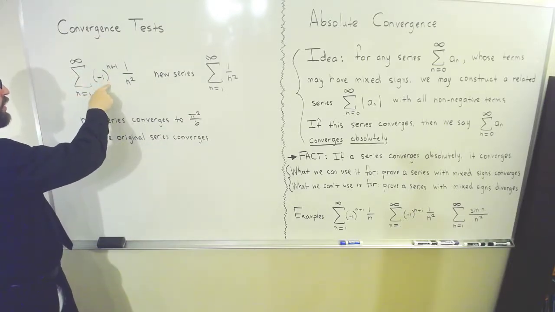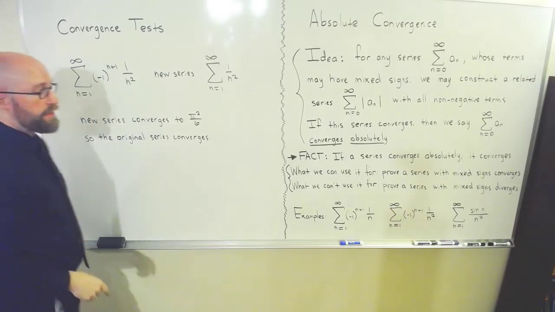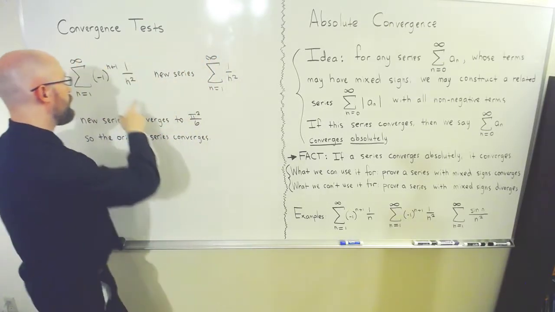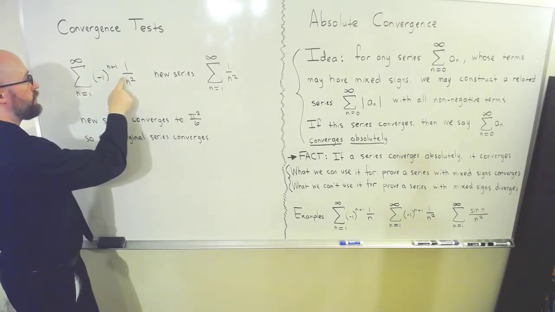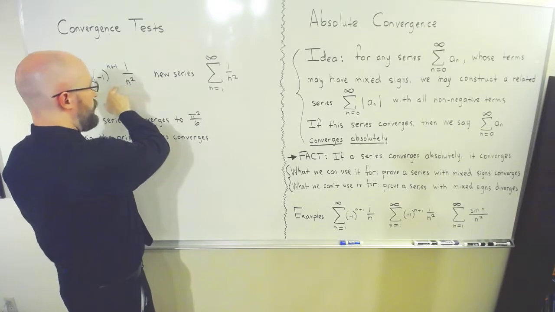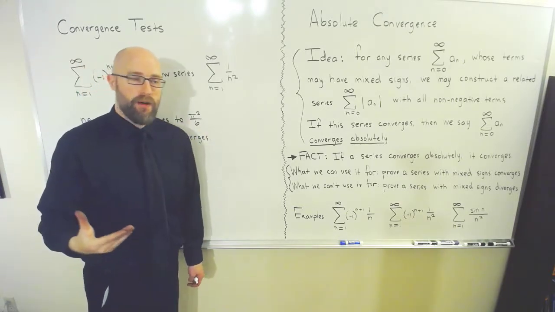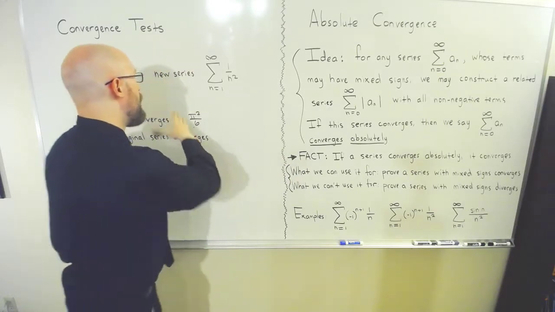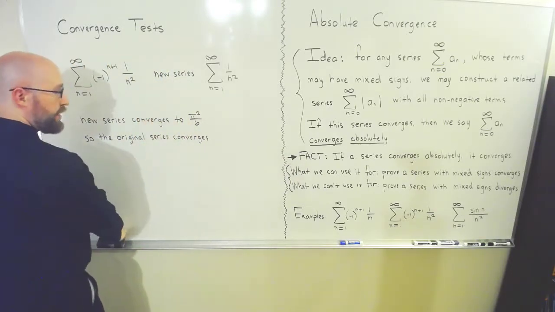You could use an alternating series test for this, but the tests we had, limit comparison and direct comparison and integral tests and so on, were just involving positive terms. You can't use them for this, and so you do need something else. And so this does play a role, even though it might not look so spectacular in this particular case.